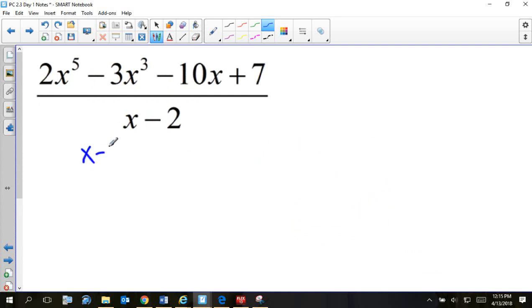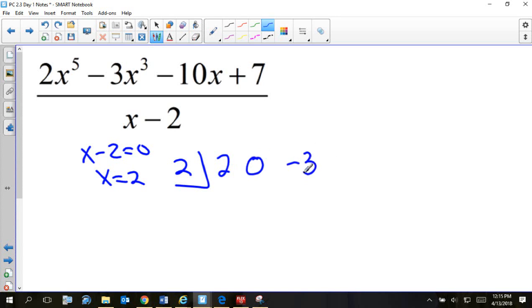Next one, we've got x minus 2, set it equal to 0. X equals 2. 2 goes in the box. And we've got a 2. And what's next? 0. Then a negative 3. Then a 0. Then a negative 10.